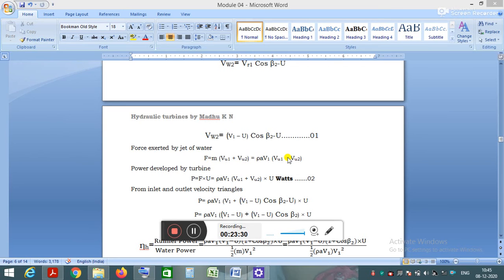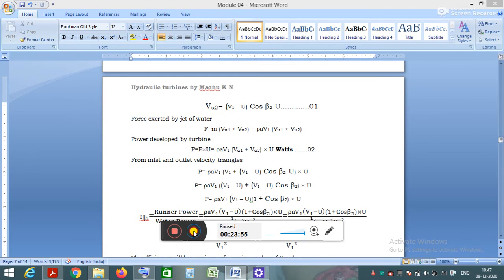Now power developed can be given by the product of force into velocity, force into the tangential blade speed u. Now substitute the value of Vw2 which we got already into the equation of power developed.